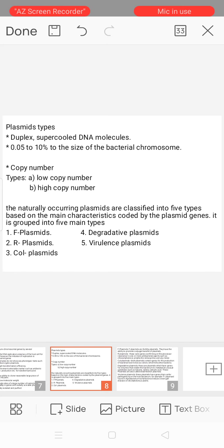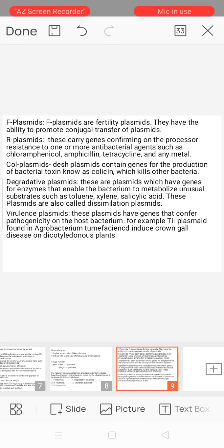The naturally occurring plasmids are classified into 5 types based on the main characteristics coded by the plasmid genes. It is grouped into 5 main types: first one, F plasmid; R plasmid; col plasmids; degradative plasmid; and fifth one, virulence plasmids. First one, F plasmid. F plasmids are fertility plasmids.